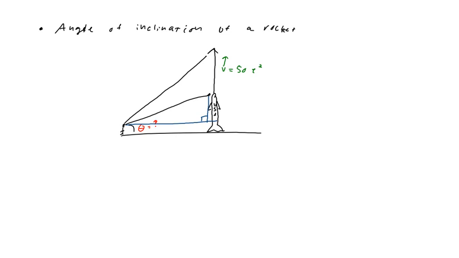And then this is A, in blue. This is A over here, and this is B. So this distance, let's say we're a certain amount away. Let's say we're 2,000 feet away.